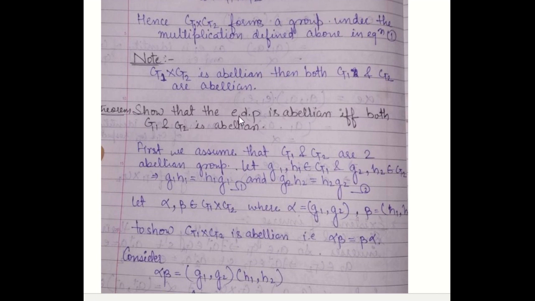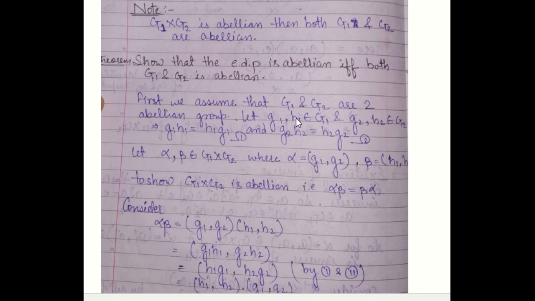The external direct product of two groups is abelian if and only if both the groups which form this direct product, G1 and G2, are abelian. That is, we have to show what? G1 cross G2 is abelian if and only if both G1 and G2 are abelian.